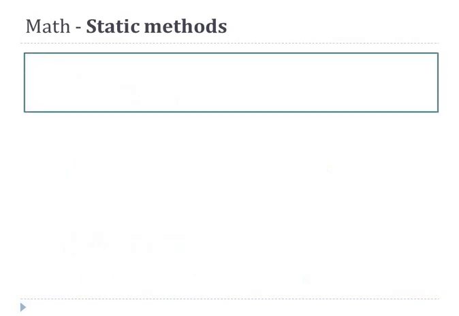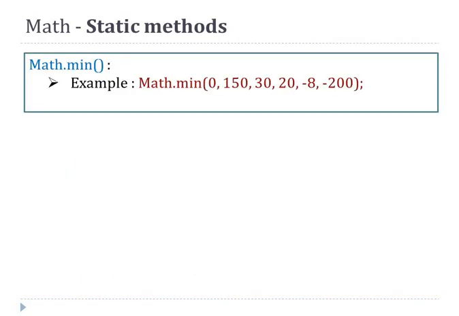After that, Math.cos. Now Math.min, from the name itself you can get an idea of what purpose this function is used for. Math.min, whatever number of values you pass, it will just return the minimum number from those. So this will return -200.